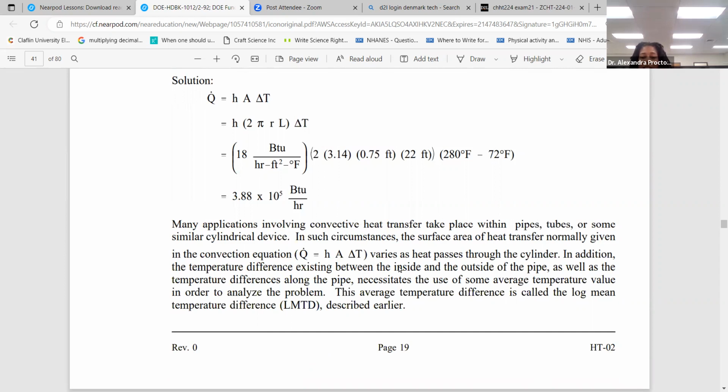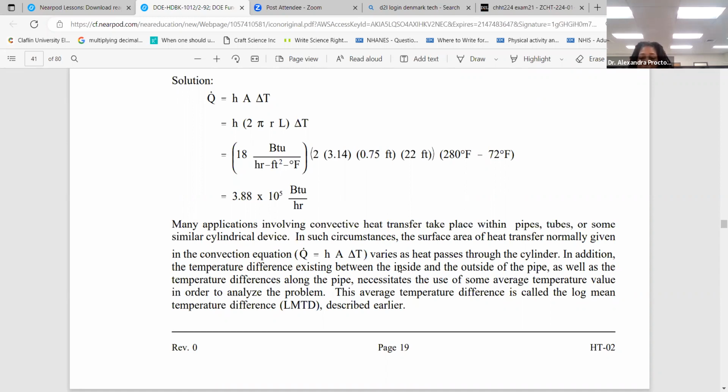And all of this is times that temperature difference, which is 280 degrees Fahrenheit minus 72. So they wind up with a Q equal to 3.88 times 10 to the 5th BTU per hour.